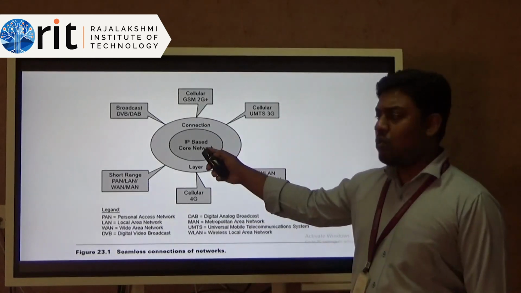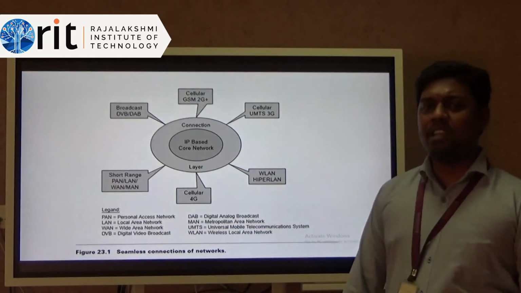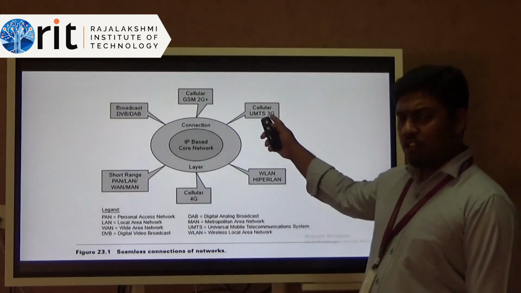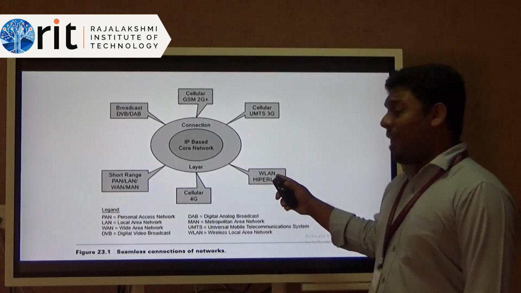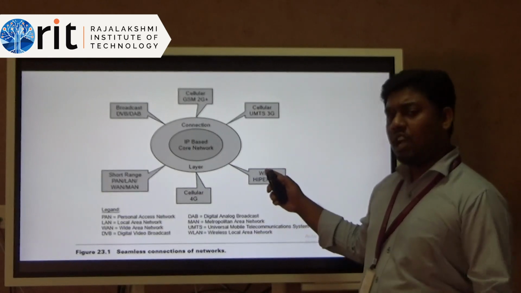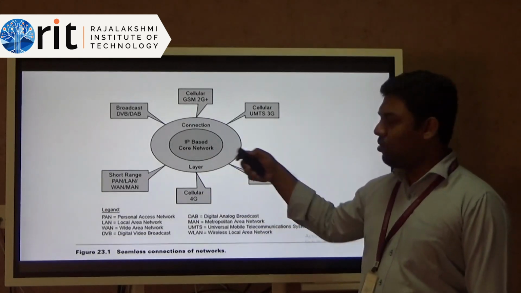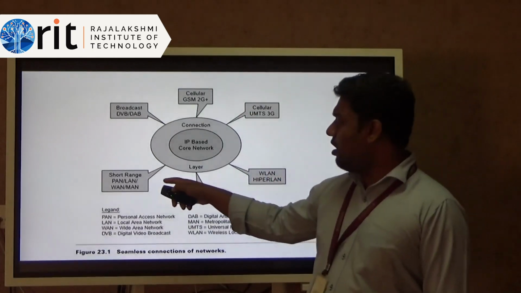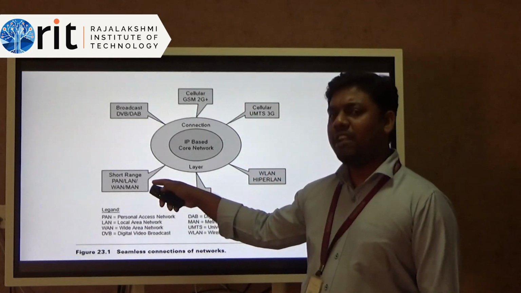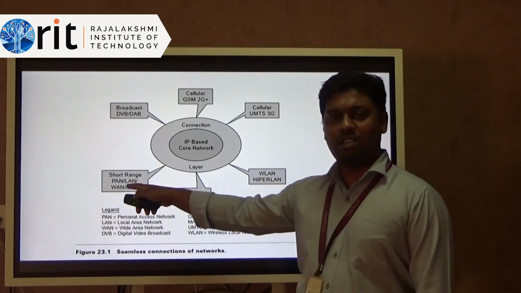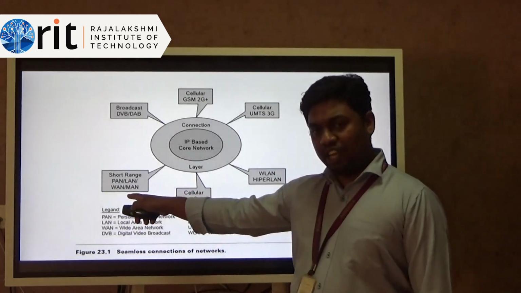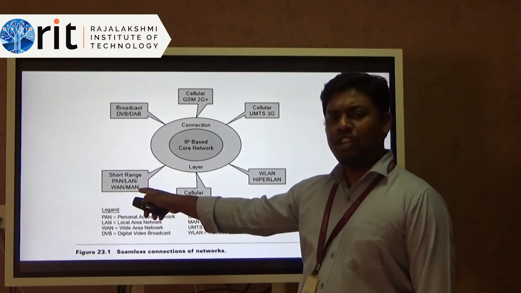Then to the IP network, your 3G UMTS technology is connected. Then your wireless standards like WLAN, so we have HyperLAN 1, HyperLAN 2. Then 4G is also connected to the IP based networks. Then some other short range wireless standards like personal area networks, wide area networks, and metropolitan area networks.